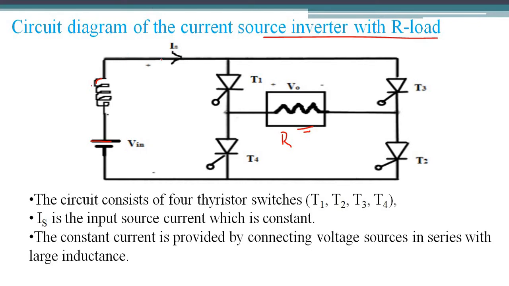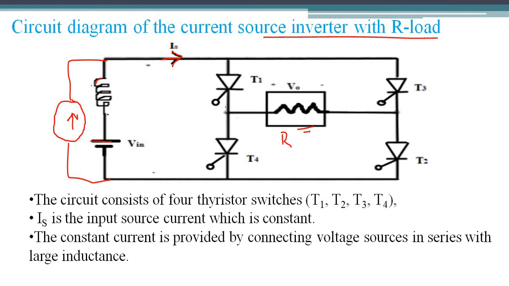This is the current produced by this current source. Is is the input source current, which is constant, and the constant current is provided by connecting the voltage source in series with a large inductance.